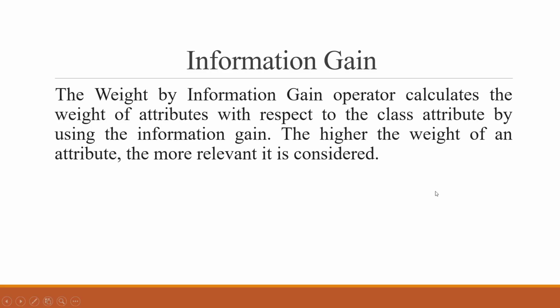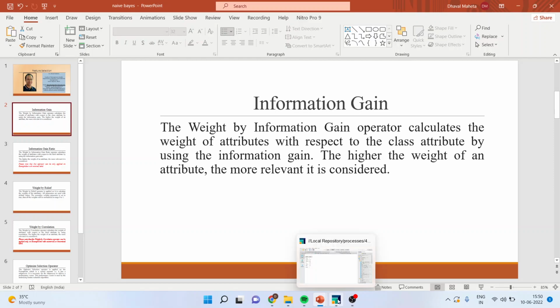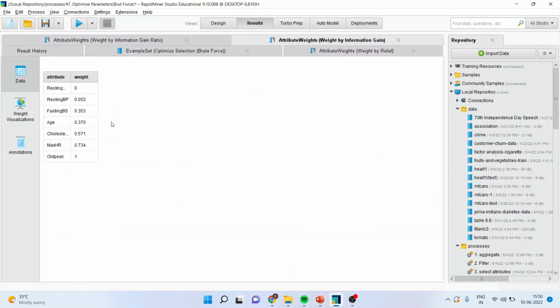The higher the value, better. Let us see which attribute is having the higher value. And you can see max HR is considered to be the important attribute for the classification of the heart disease, and the second one is cholesterol. This is according to the information gain.